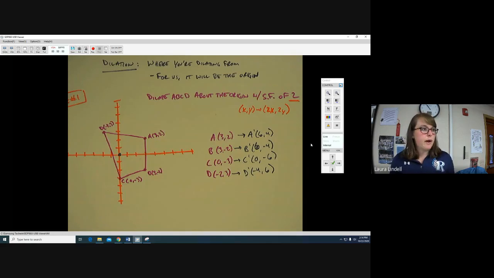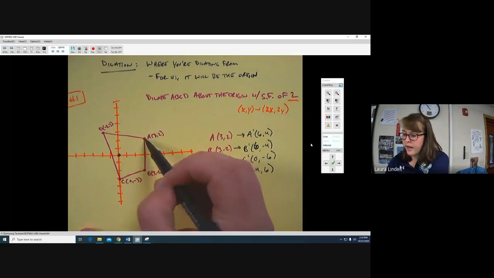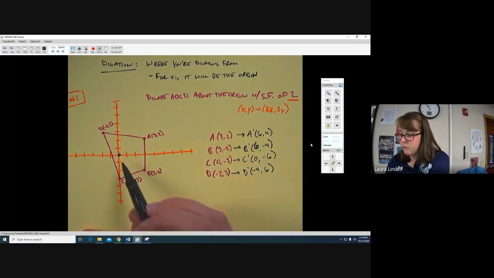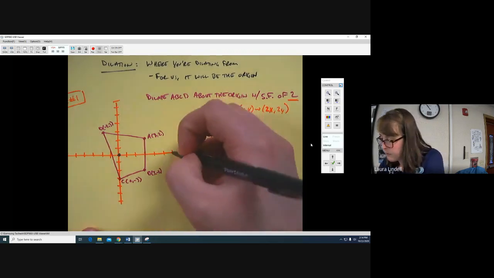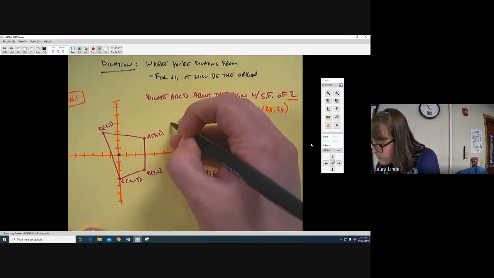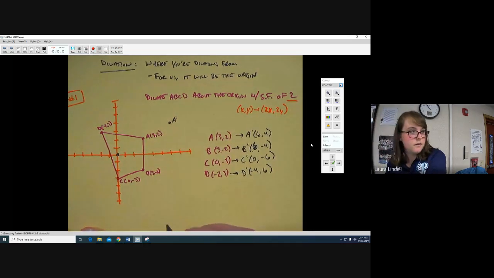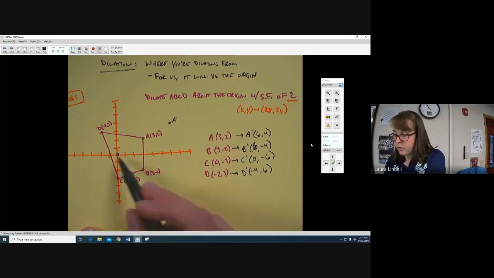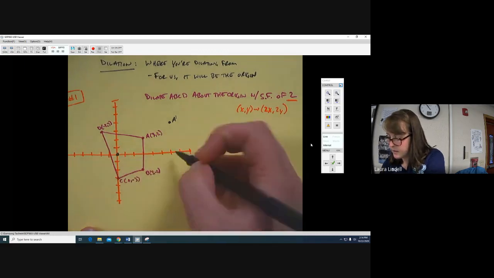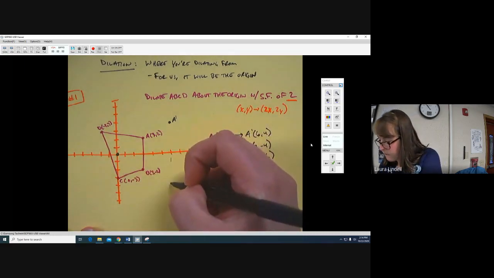Even if you're doing this without writing it down, really, you can notice that point A is over 3 up 2. So instead of over 3 up 2, it'll be over 6 up 4. For B, instead of over 3 down 2, it'll be over 6 down 4.